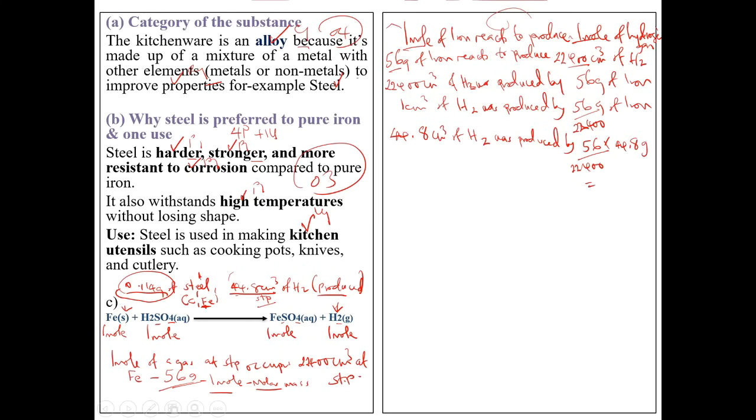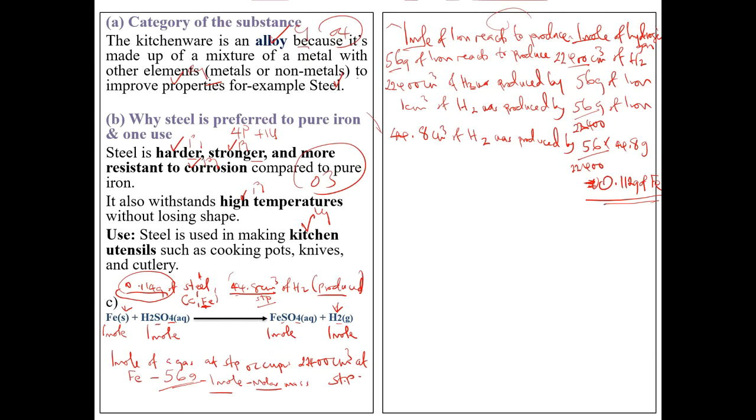What do we get? So we can get our calculator and we calculate together. We have 56 times 44.8 divided by 22400. So I'm getting 0.112 grams of iron.